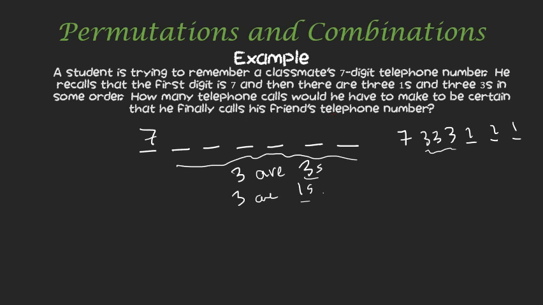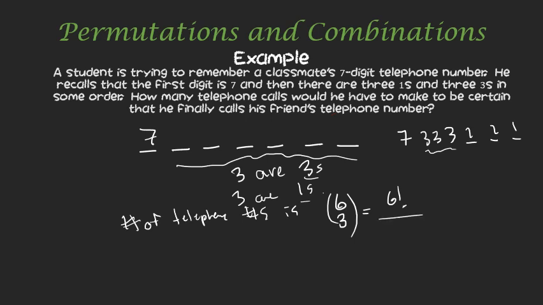So there's 3 3s and there's 6 total slots, and so the number of telephone numbers is 6 choose 3, or let's actually calculate that. 6 factorial over 3 factorial times 6 minus 3 factorial, that's another 3 factorial. 6 factorial over 3 factorial gives me 6 times 5 times 4.